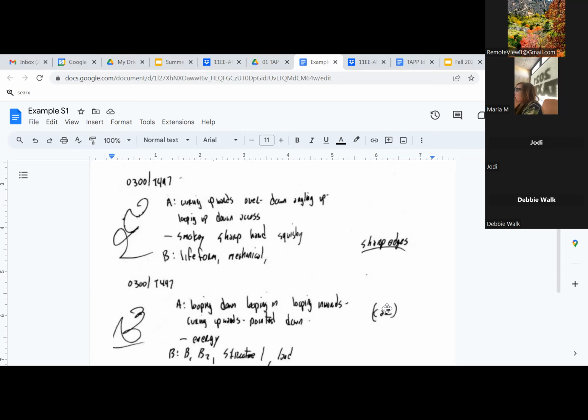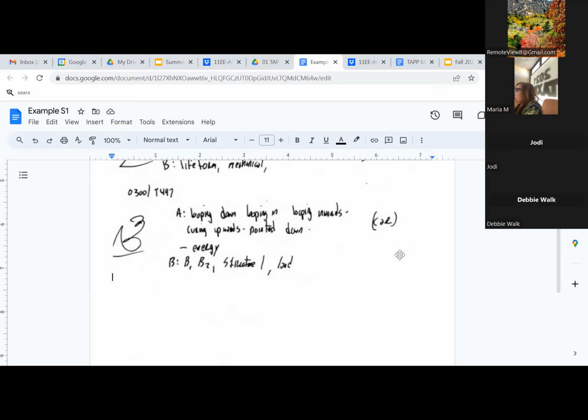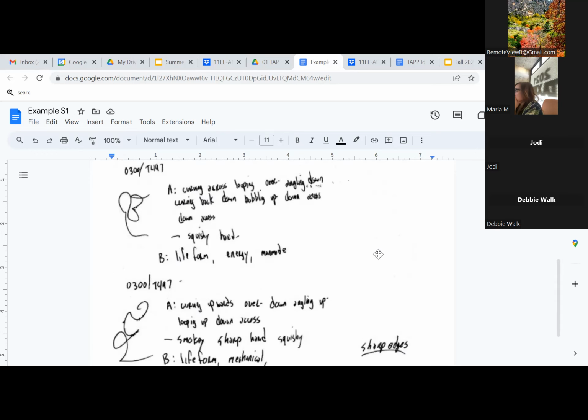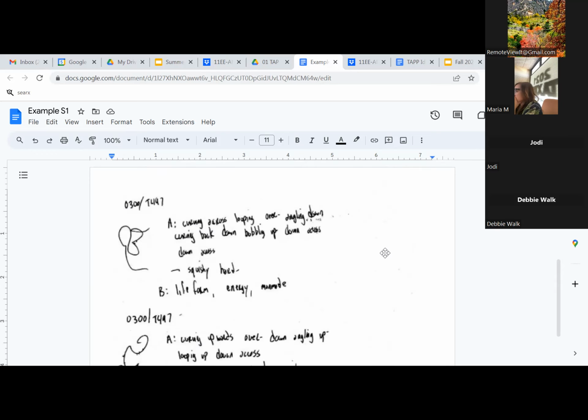And over here, I've got car in parentheses and sharp edges. Those are my deductions. And we'll get to deductions in just a moment, but you can see that's what I did. I wanted to make sure that I recorded my deduction, but not let it override the session.